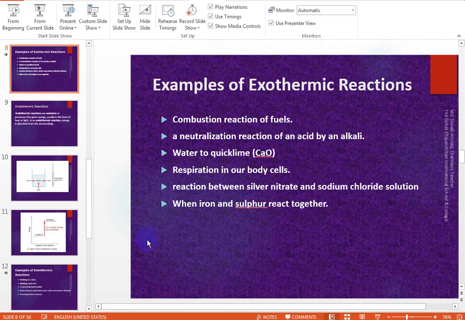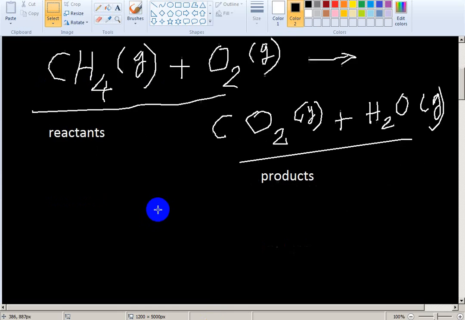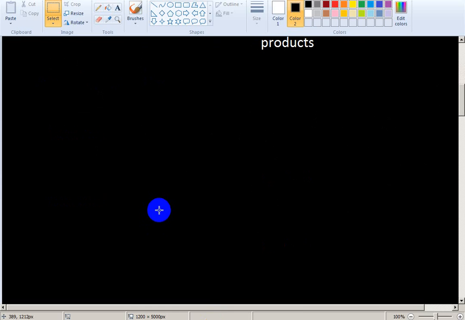A neutralization reaction means when acid reacts with base.